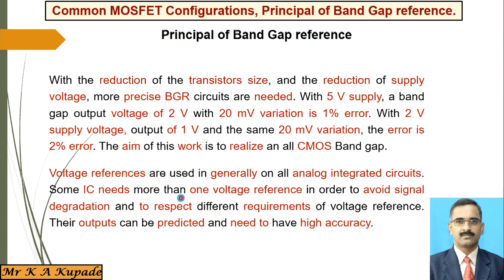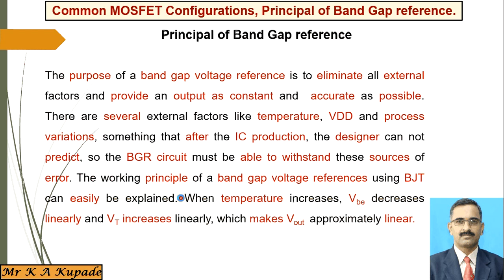Now, the main concept of the principle of a band gap reference: the purpose of the band gap voltage reference is to eliminate all external factors and provide an output as constant and as accurate as possible. There are several external factors like temperature, your supply voltage VDD, and the processing variation, right?